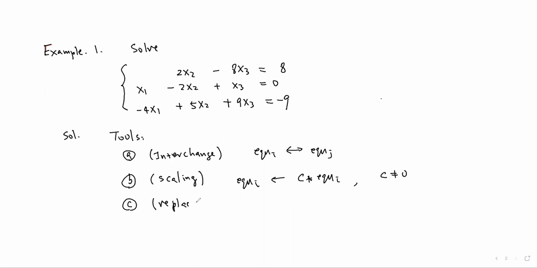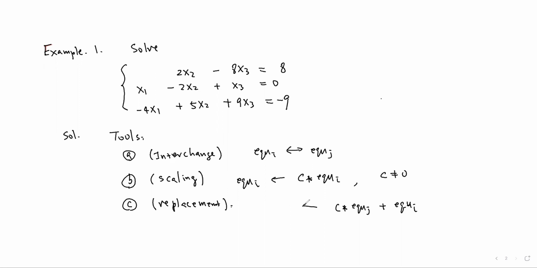Then operation number 3. Replacement. Multiply some equation, say equation J, and then add this new equation to equation I. Some number times some equation, then add the result to equation I. We have a new equation.